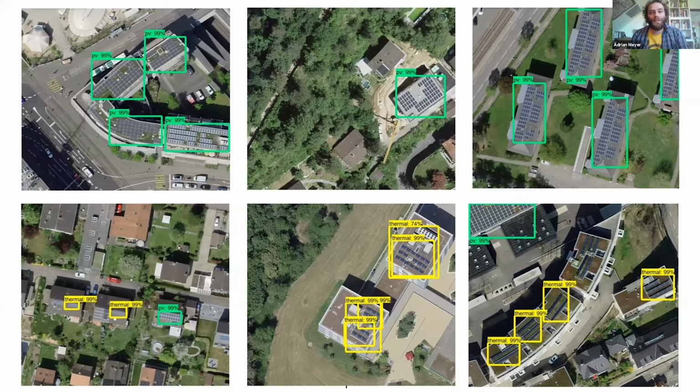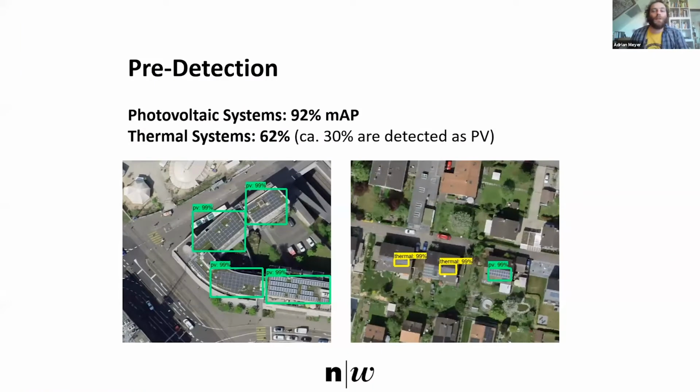these types of panels, and you can see there's a couple of missing points still. There's a couple of multi overlaps, and obviously the boundaries are not very nice. But in terms of detection, we are pretty good with this already, running at about 92% for photovoltaics, which led us to the idea to use this type of network to identify houses from which we can then get humans to label.